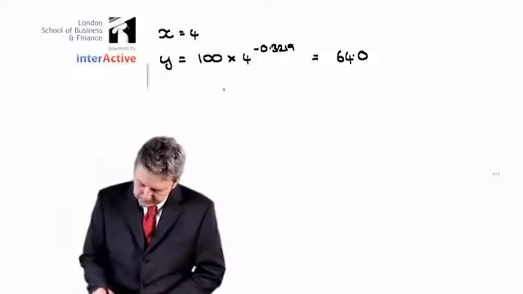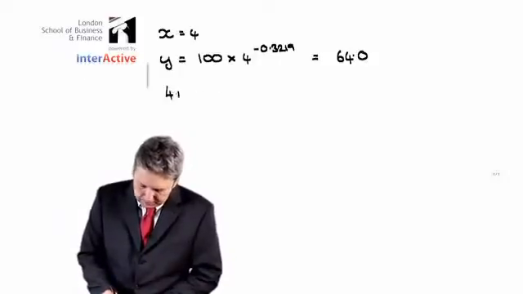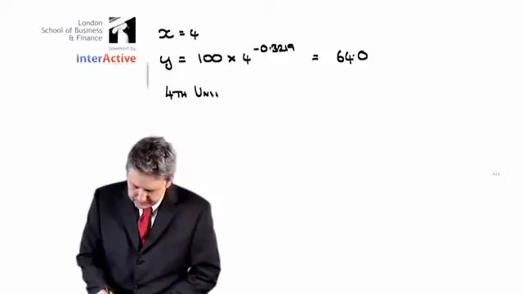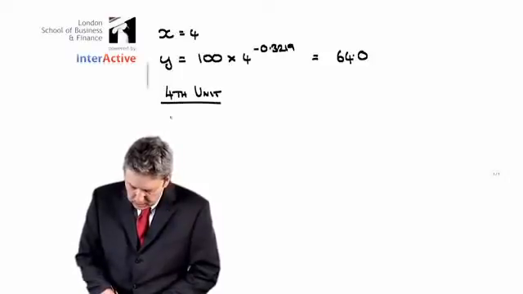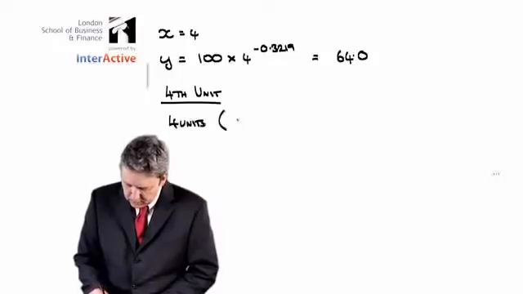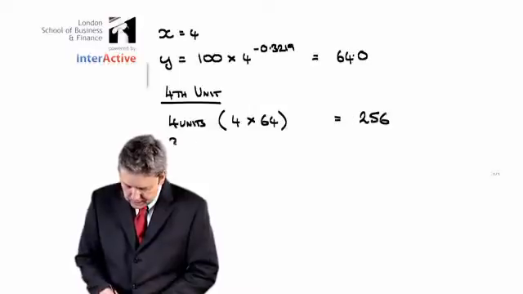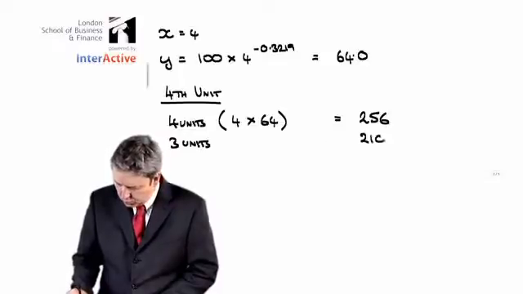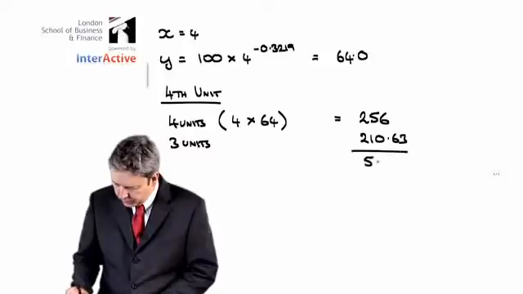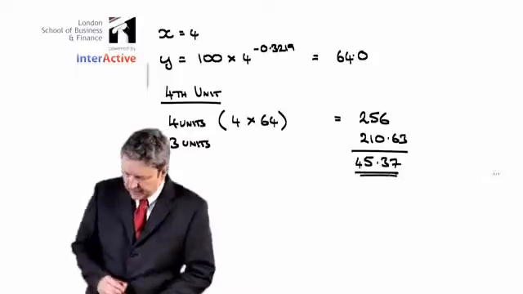And therefore, looking at the fourth unit, we can establish that 4 units will take 4 times 64, and we said that was 256. 3 units we said would take 210.63, and therefore the fourth unit takes 45.37 hours.